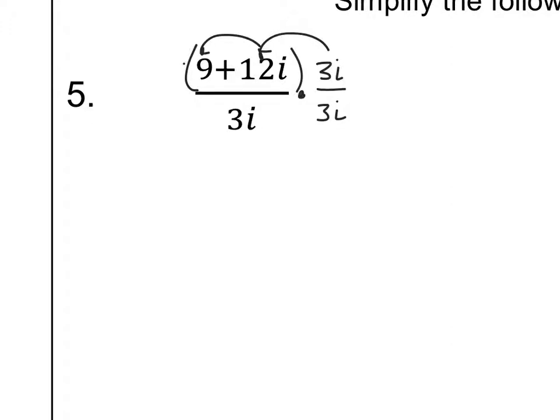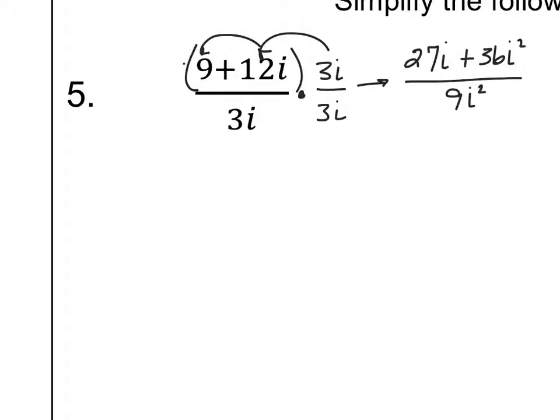So this turns into a multiplication, a lot of times. So if I go 3i times 9, that's 27i. And then 3i times 12i is 36i squared. And on the bottom, I end up with, excuse me, not 3, I end up with 9i squared.